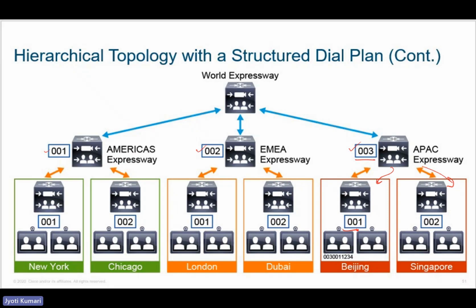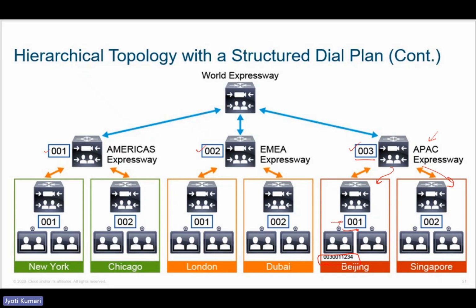The original extension is 1234, for example, this number right here, where the device address is 1234 and the rest is the prefix before that. These are used for the structured dial plan: 003 as an identification of the region, and then the location, 001.